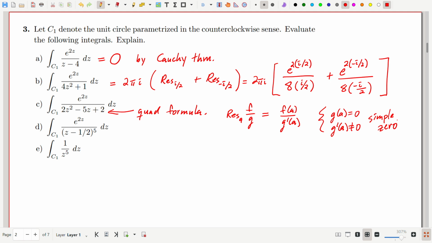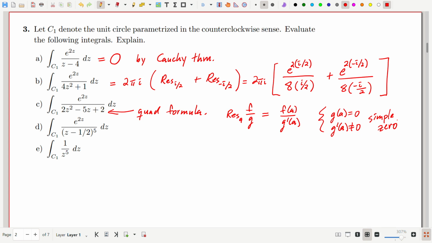What about this next one? Oh, I'm about to do that in this next problem, because this reminds me of the higher order Cauchy theorem. It has a z minus a to the 5th in the denominator, and there's an f of z staring me in the face there.